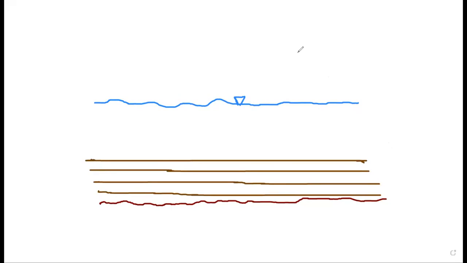Suppose here these various layers are present. This is the first layer, this is the second layer, this one is the third layer, and this one is the fourth layer. Now can anybody tell me from these four layers which layer is younger and which layer is older here?